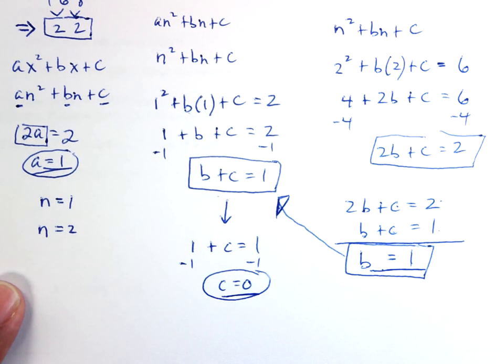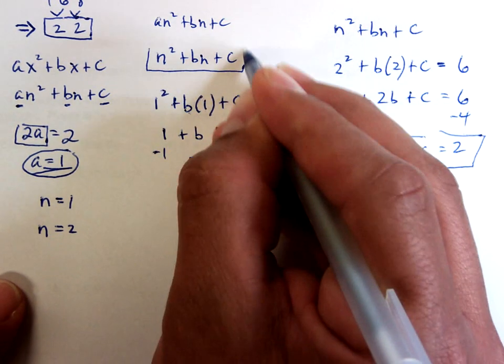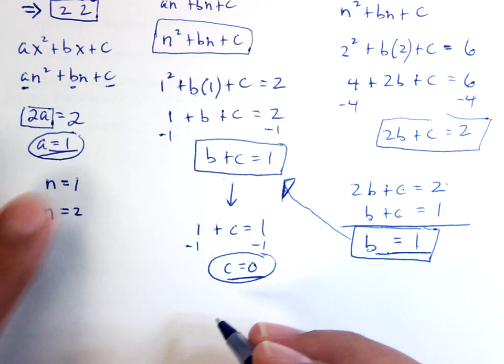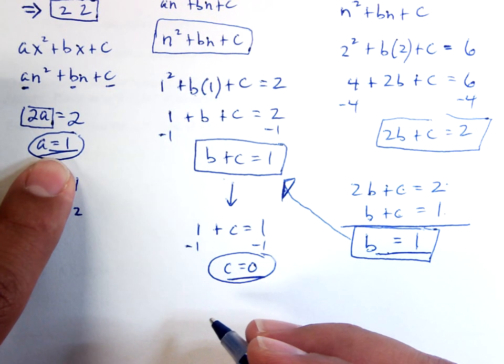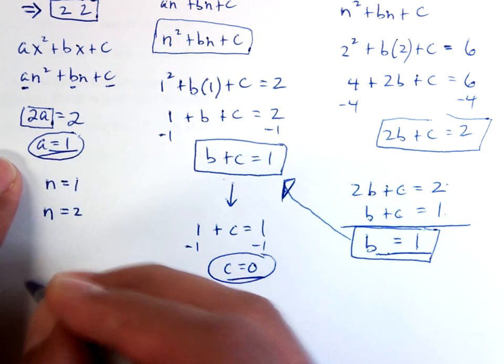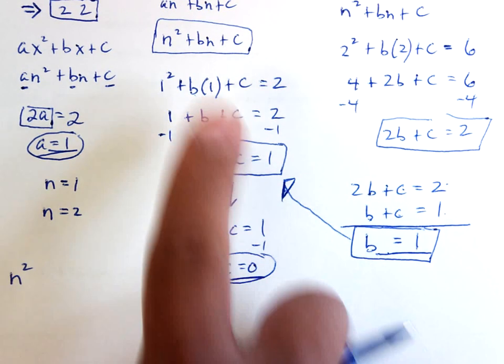So I'm not done until I rewrite it as a formula, as a rule that looks something like that. So I've got a n squared, but I know that a is 1, so I don't need to write the a. I'll put it right here. n squared plus b times n.